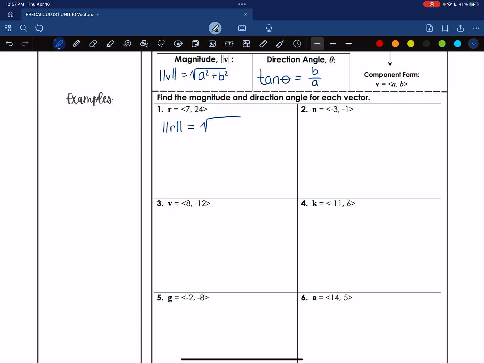And then we take the square root of our two components, a and b. So that's 7 squared and 24 squared. We're really taking the square root of 625, which is equal to 25. It is a perfect square.